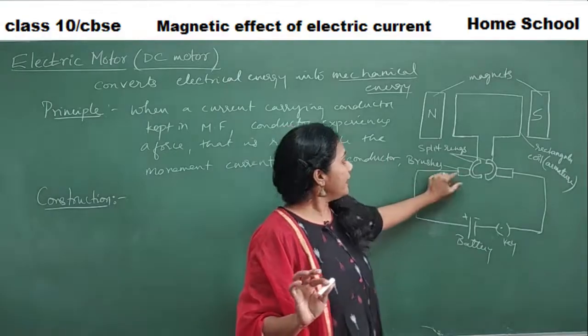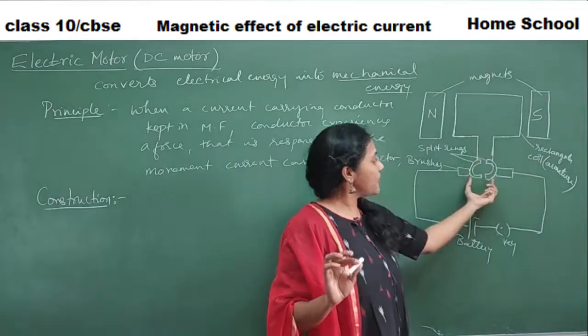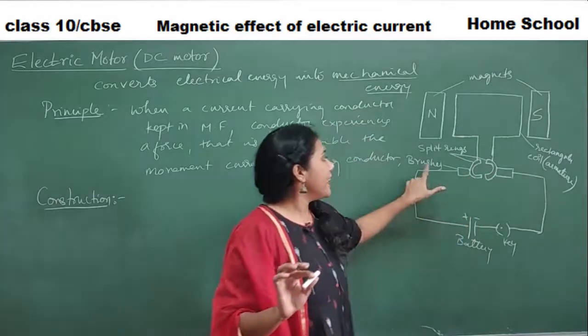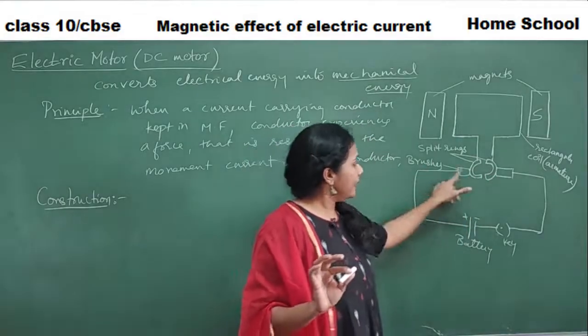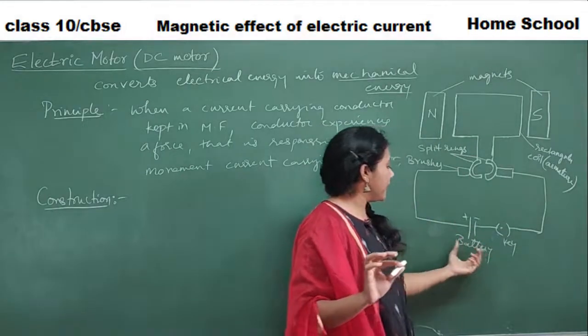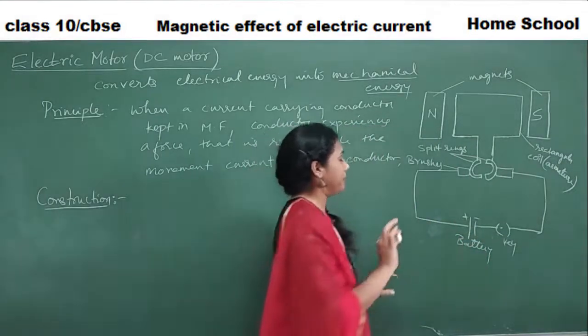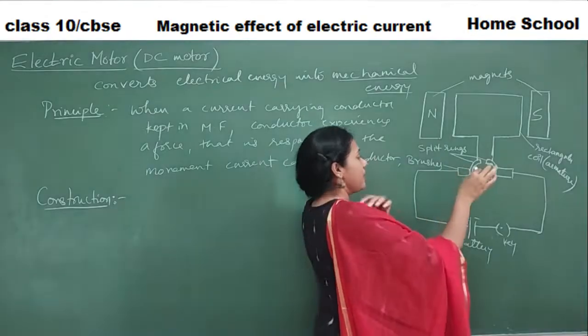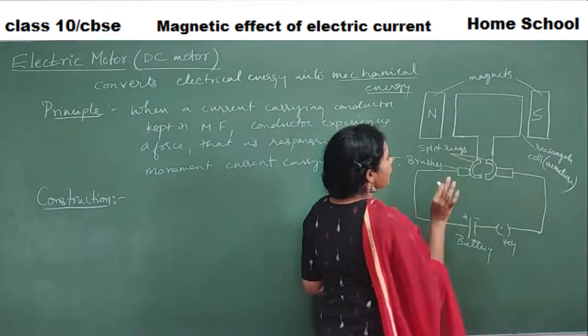Then two more structures are attached to the split rings on either side. They are called brushes, and the circuit is connected with the battery. Fine. Now let us give some directions here.